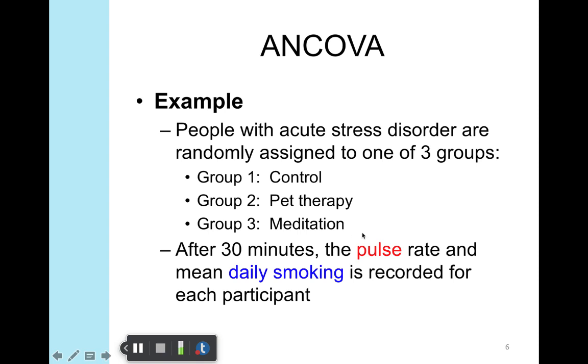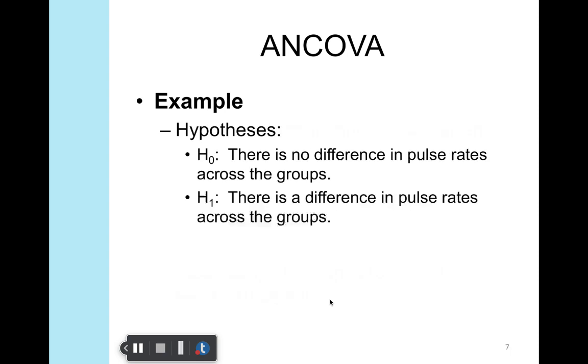Here are the groups that we mentioned earlier, and after 30 minutes, the pulse rate and mean daily smoking is recorded for each participant. Here is the null hypothesis, indicating that there is no difference in pulse rates across the groups. And then we have our H1 stating that there is a difference in pulse rates across the groups.